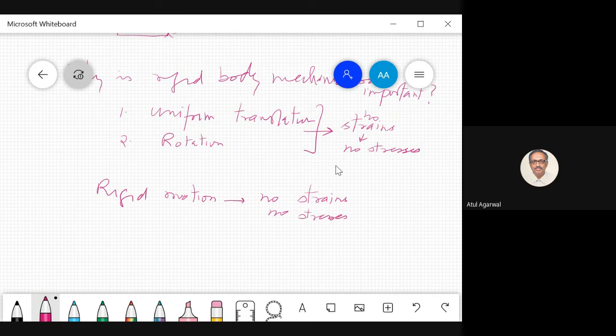Anyone would like to answer? Because the whole body is moving with the same speed. Okay. Now what is the meaning of rigid body motion? No change in interparticle distance.